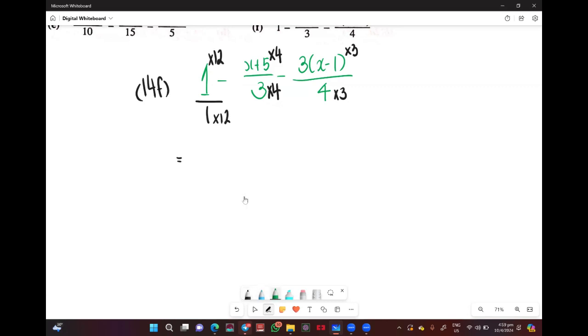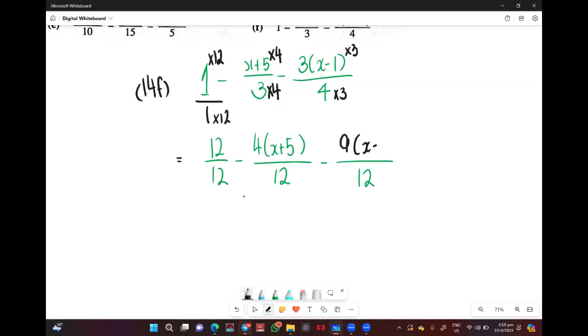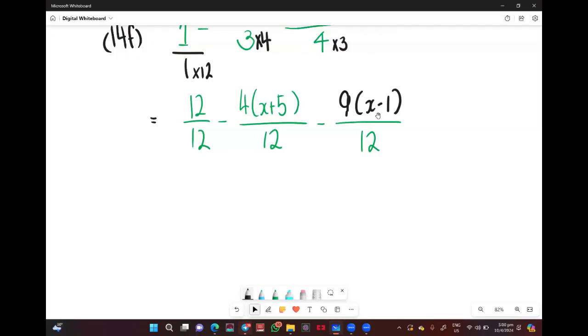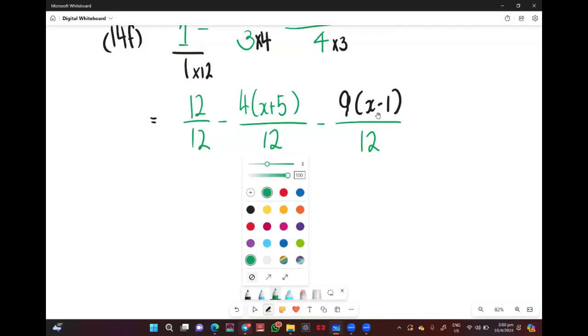Simple. So what you have is 12 over 12, minus 4 bracket x plus 5 over 12, minus something over 12 again. As you can see over here, it's 3 times 3, so you get 9 bracket x minus 1. Once the denominator is made the same, what can you do?